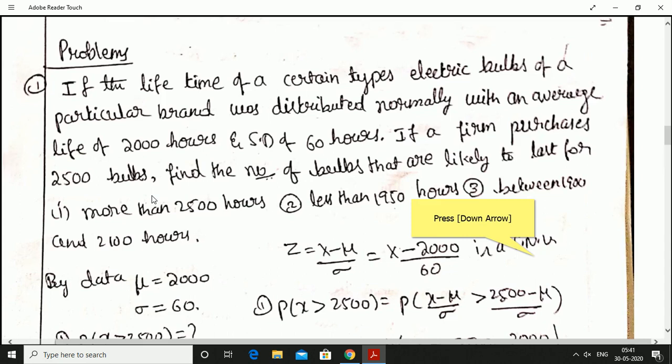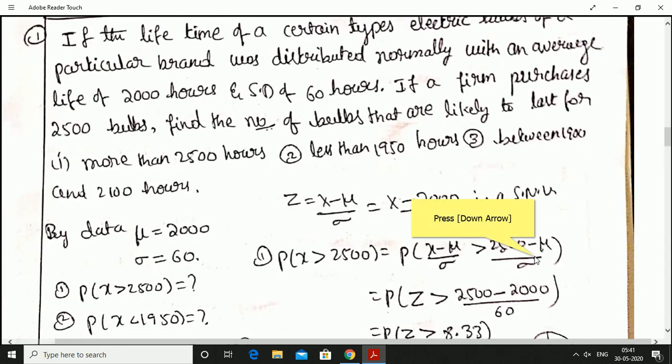The lifetime of a certain type of electric bulbs is normally distributed. X is the normal variate. Z is equal to x minus mu by sigma, nothing but x minus 2000 divided by 60, is a standard normal variate.